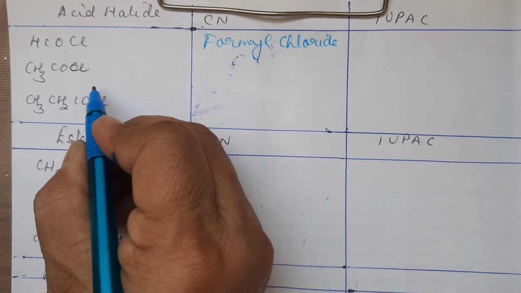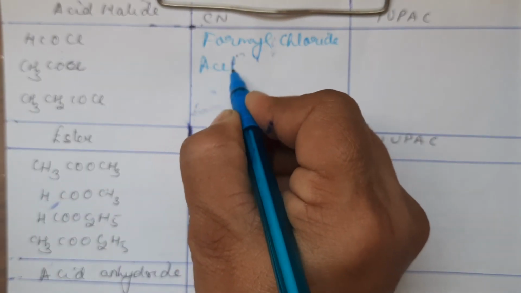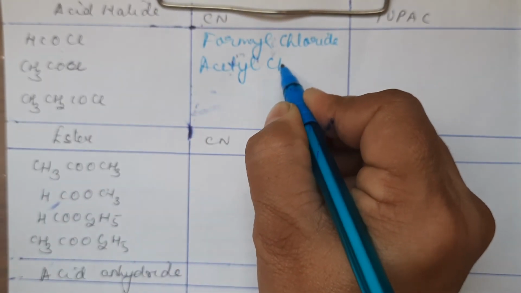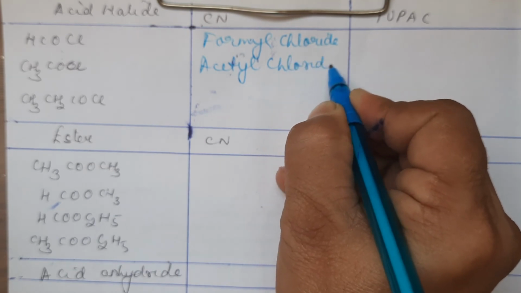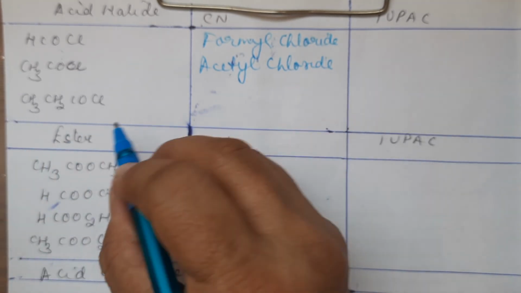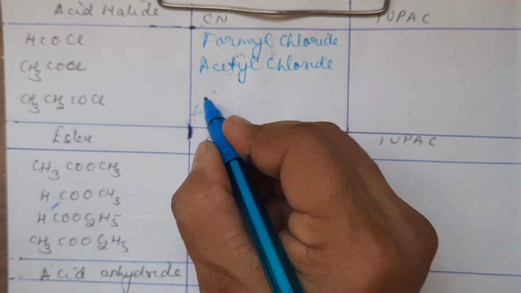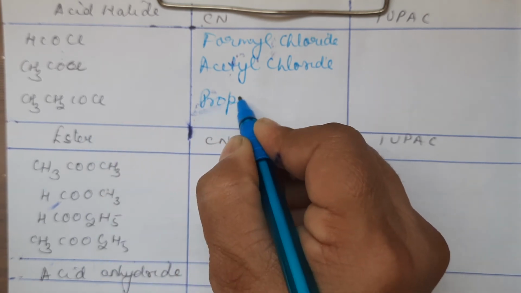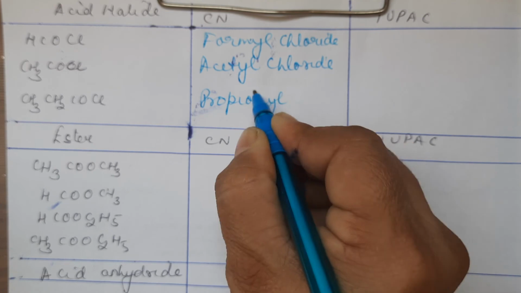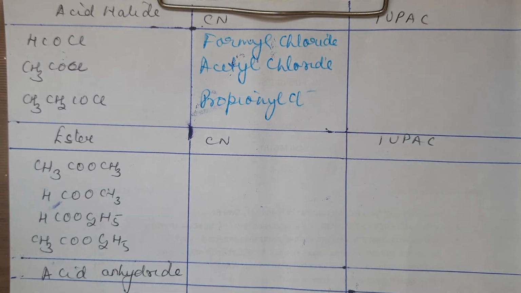This one is obtained from acetic acid, so this is named acetyl chloride. This is obtained from propionic acid, so this will be named propionyl chloride. I've taken all chlorides. Do not worry about it. You can change the halide.